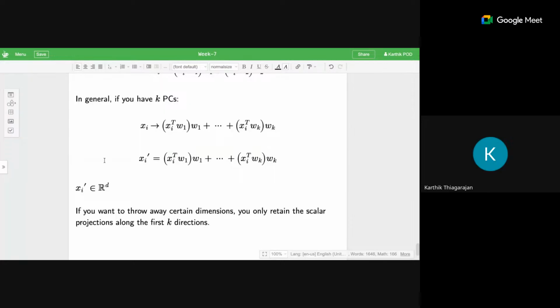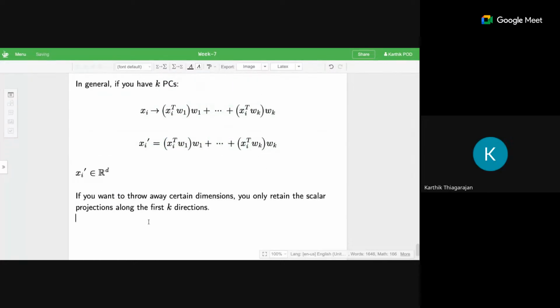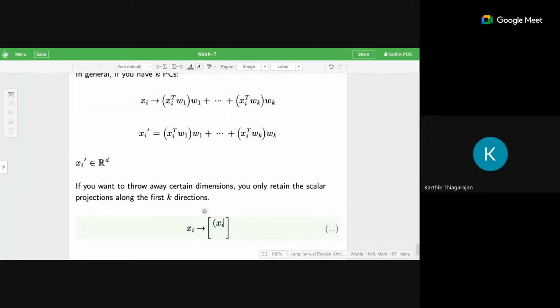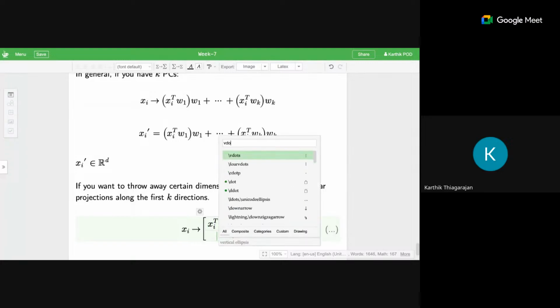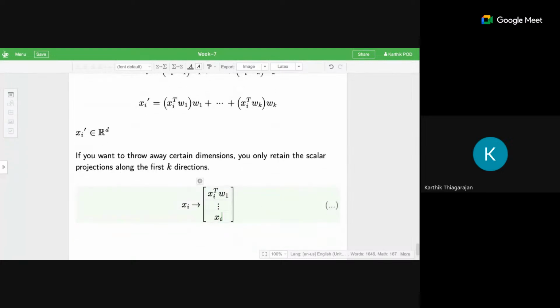Meaning these k numbers will become your new coordinates. So I will now represent xi as this k-dimensional vector, which is xi transpose w1, and go all the way up to xi transpose wk. This is in what space? R?